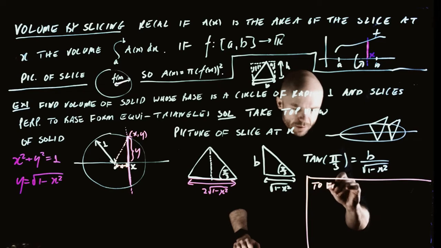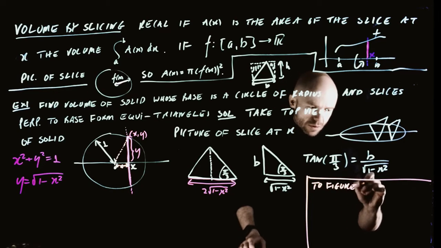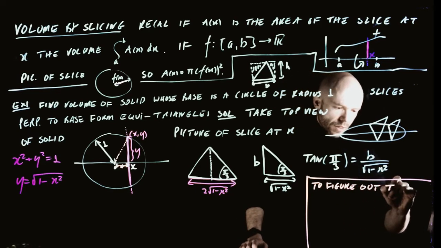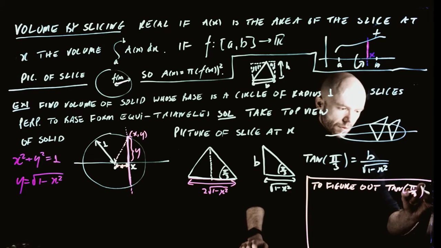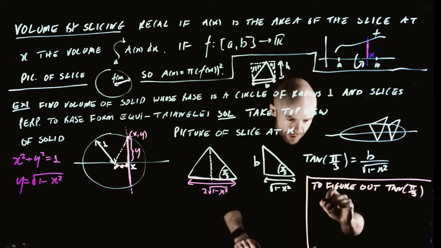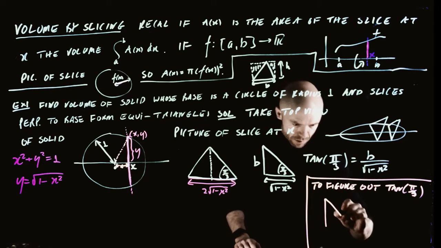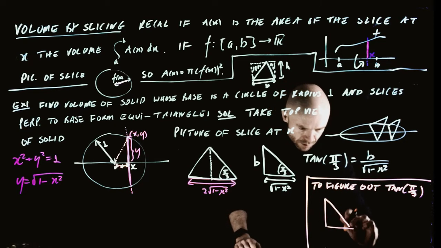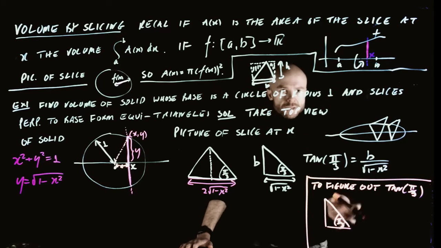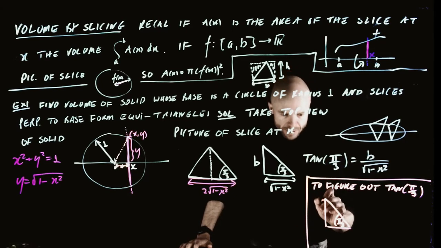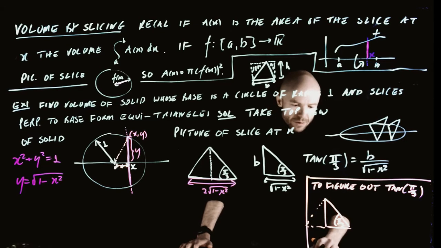to figure out tan of pi over 3. Then we draw a picture. So this is our angle, pi over 3. Yeah? And we know that this is half of an equilateral triangle, right? So the other side would look like this. And all these side lengths are the same.